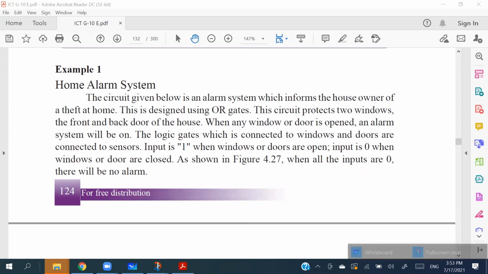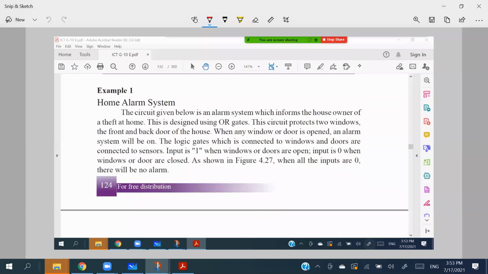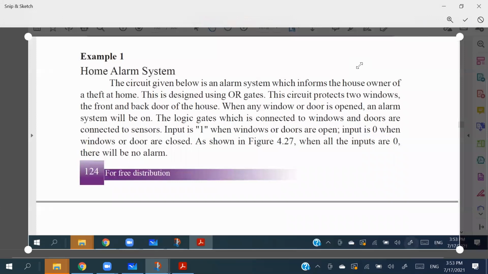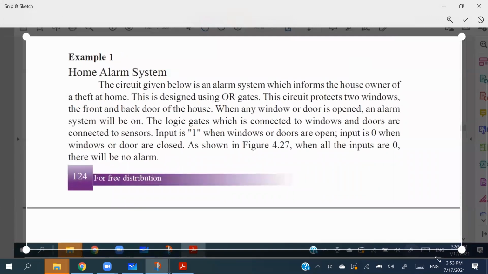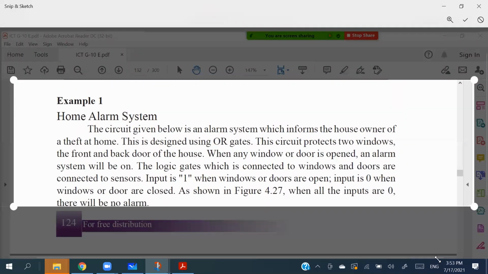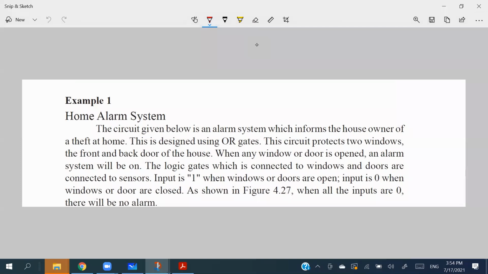Now, when you are given such a scenario, the most important thing is for you to figure out what the inputs are that handle the output. Because for each and every gate, there are particular inputs, and there will be a particular output regarding the inputs.